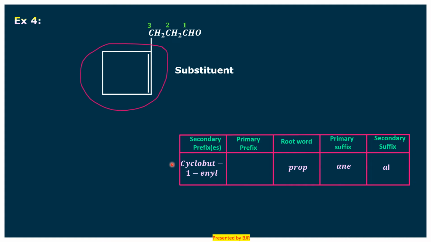So 3-cyclobut-1-enylpropanal. Here the e from the primary suffix is dropped for the same reasons explained above.